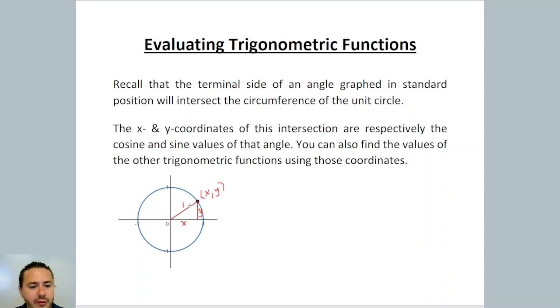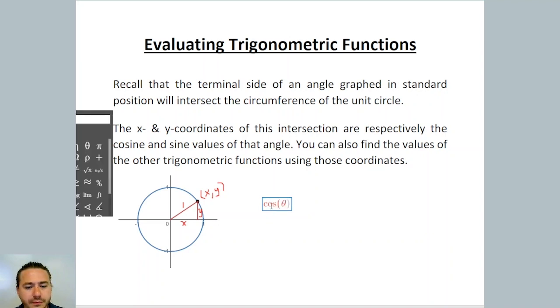So for example, if I want to compute the cosine of theta: cosine is defined as the adjacent side divided by the hypotenuse. Let's take a look at our diagram.